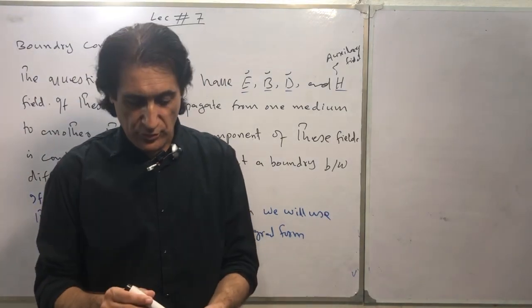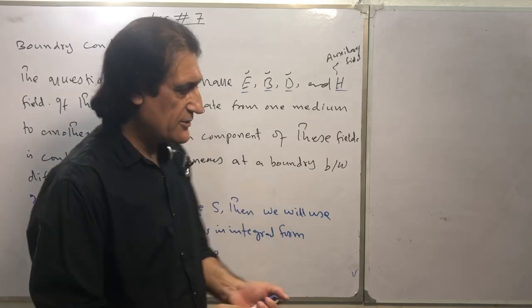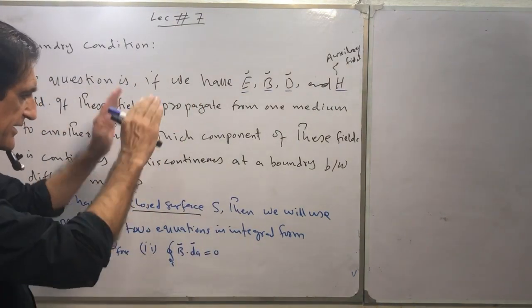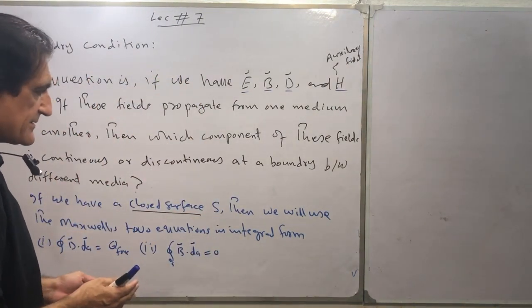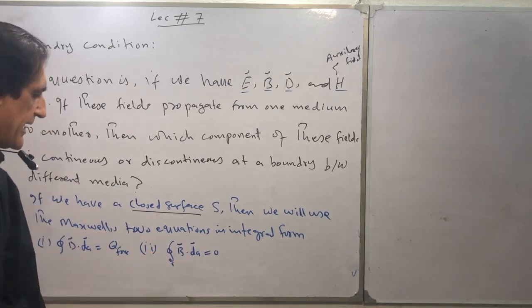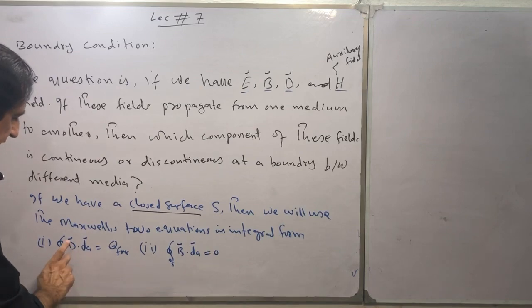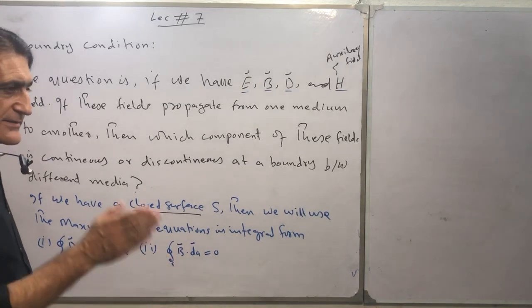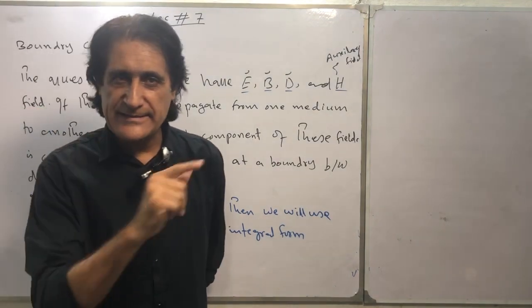We already know about these two equations. So if we have a closed surface, then we will use these two equations and find out which component of D and B is continuous or discontinuous.